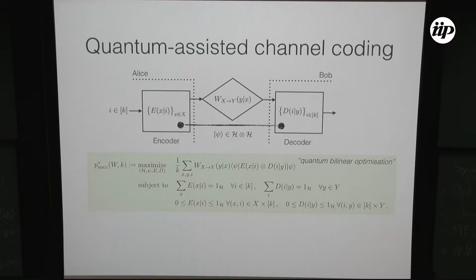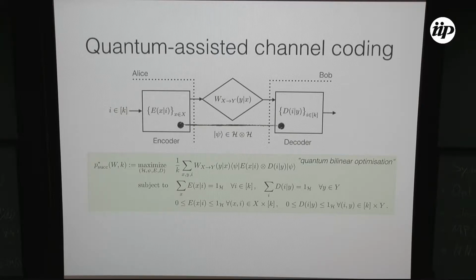So what does that mean? We still have the noisy channel here, but now we allow any bipartite quantum state, living on two copies of some Hilbert space, and we can use this resource, this in general entangled state, to do channel coding, to transmit our message.